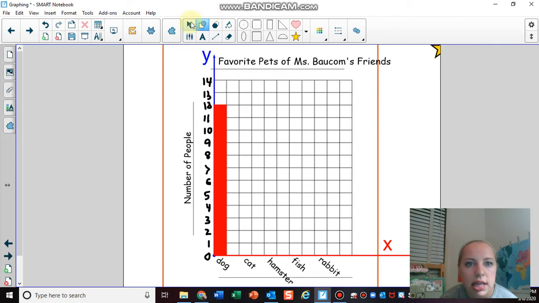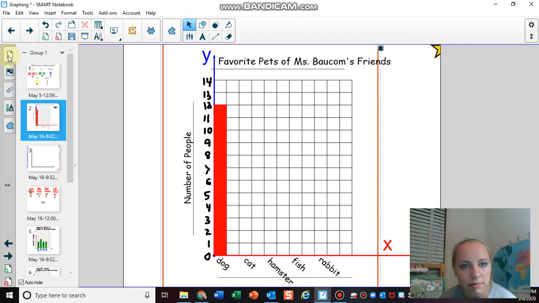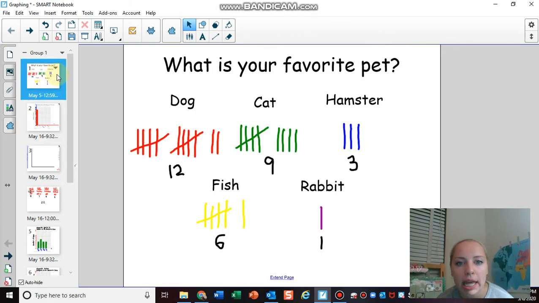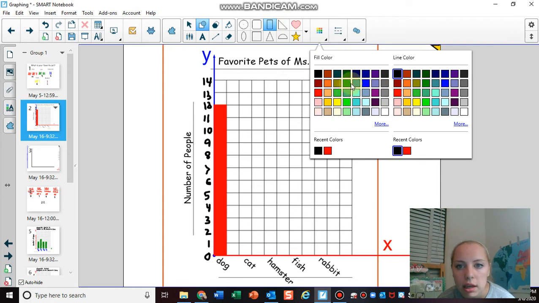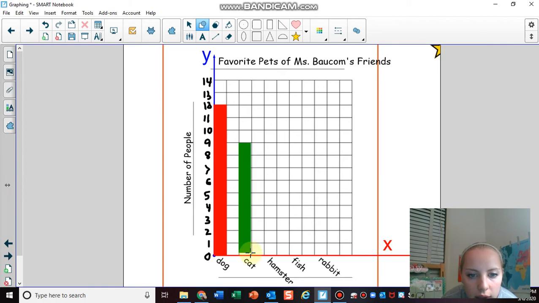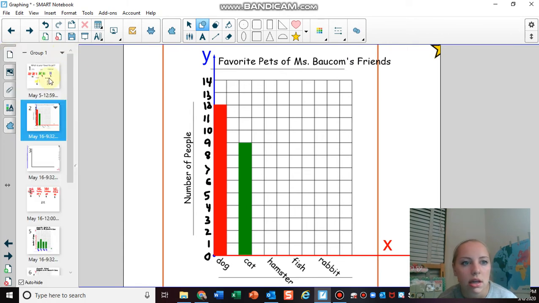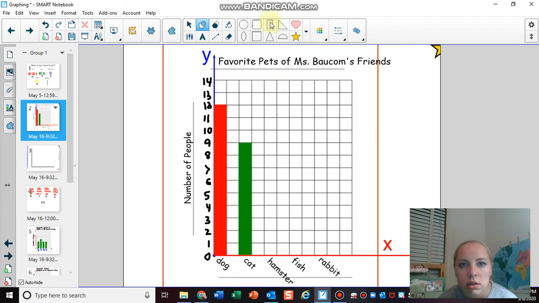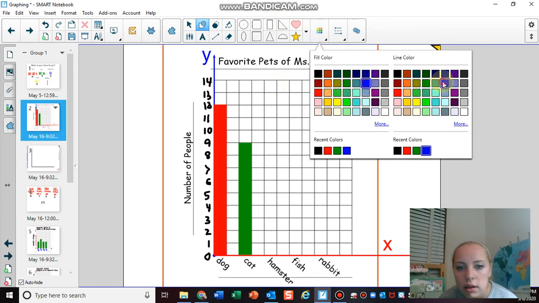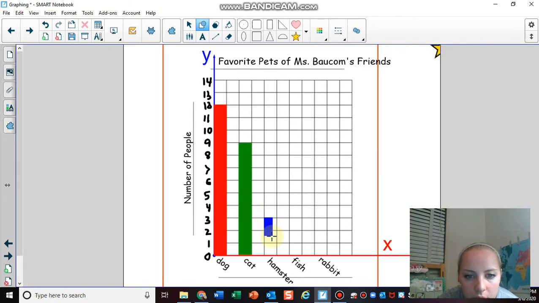Back to our data chart, cat got 9 votes, so we line up our bar with 9. Hamster only got 3 votes, so we make our bar for hamster line up with that 3.